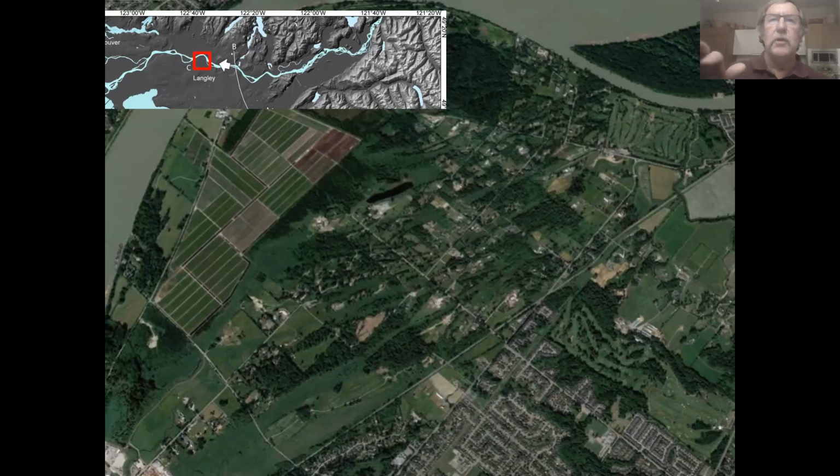And he showed these really weird features, these linear ridge-like forms that splay out west of the community of Fort Langley.